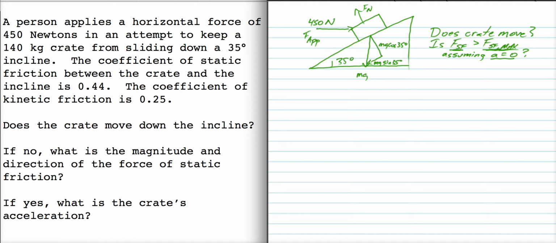It has a component parallel to the ramp, 450 cosine 35, and a component perpendicular to the ramp, 450 sine 35, if you can read that.